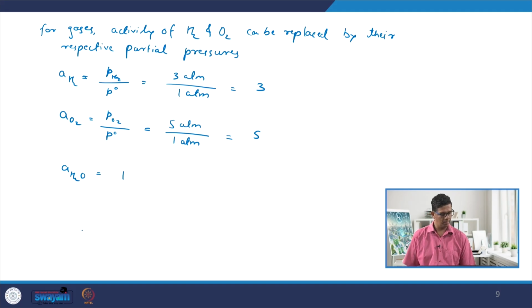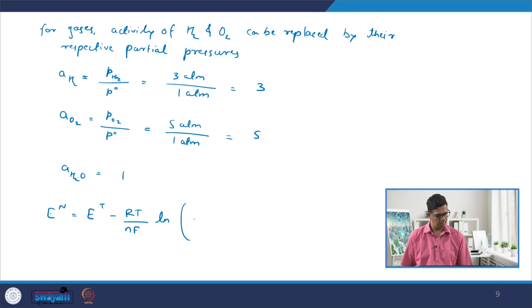So, coming back to our equation, we can write this as E_N equals E_T minus RT by NF ln of, so activity of hydrogen, which is 3 times the activity of oxygen 5, raised to half, divided by 1. So, this is our substitution for the activities.